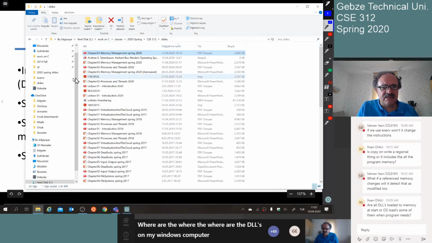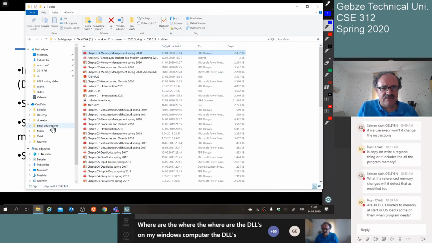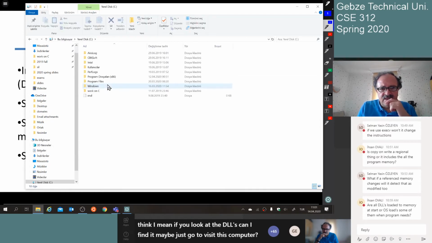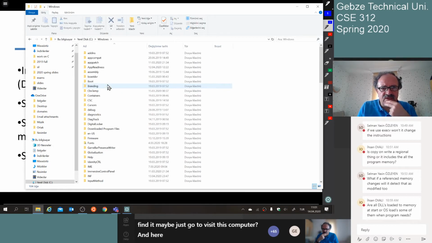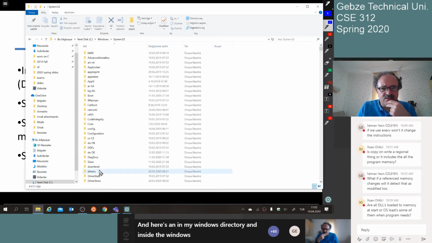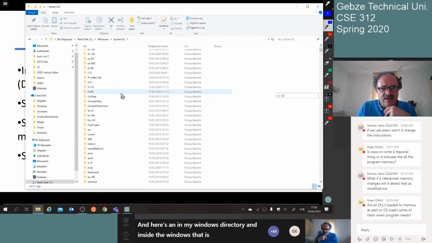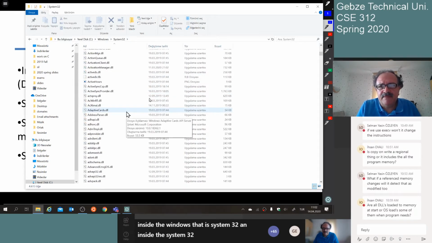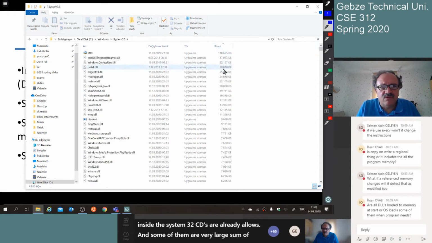If I go to this computer, then the Windows directory, and inside Windows there is system32, see, these are all the DLLs, and some of them are very large, some of them are very small.